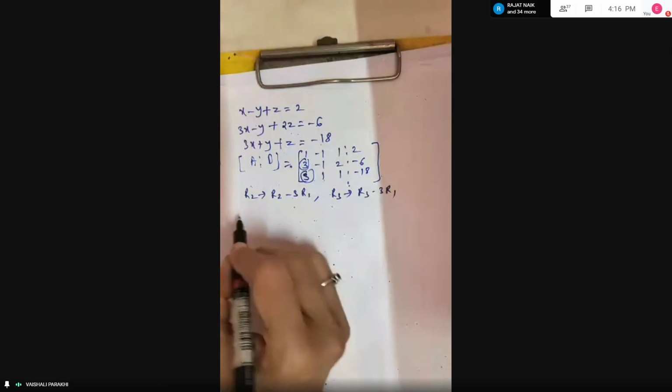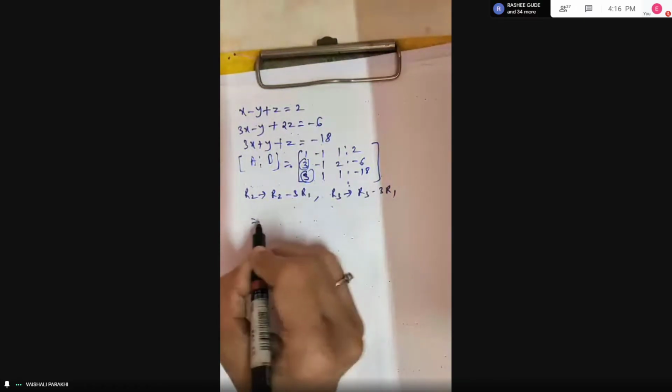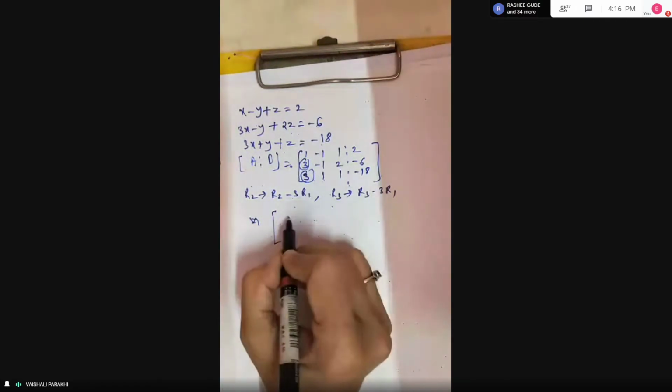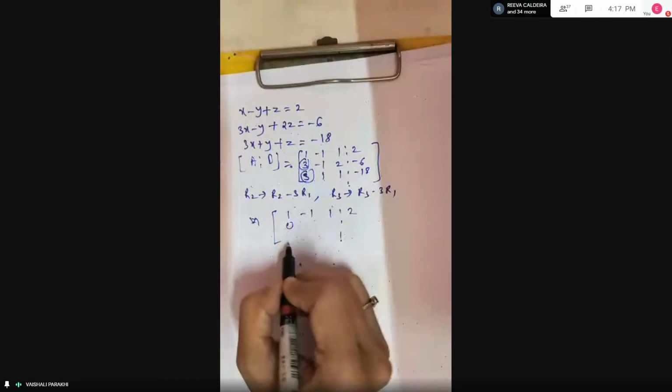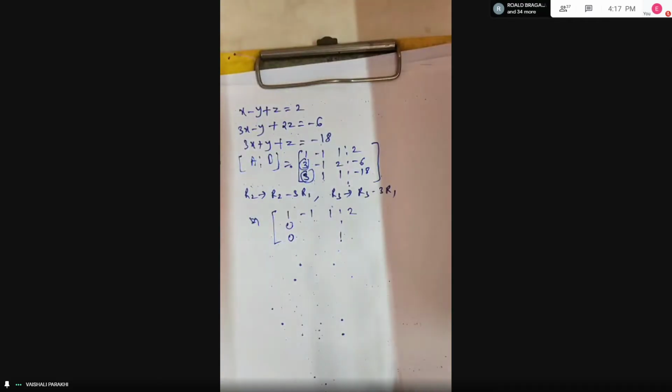Rashi, you are going to tell me the matrix now. First row is the same, right? 1, minus 1, 1, 2. This element is 0, this element is 0. Tell me what the remaining elements are, Rashi. Take your own time.